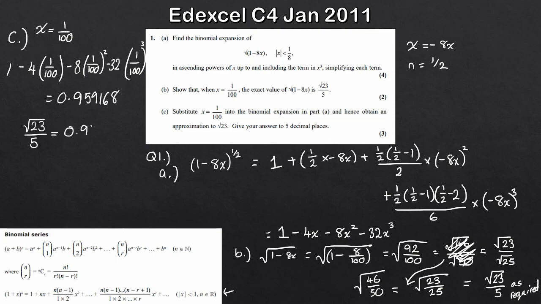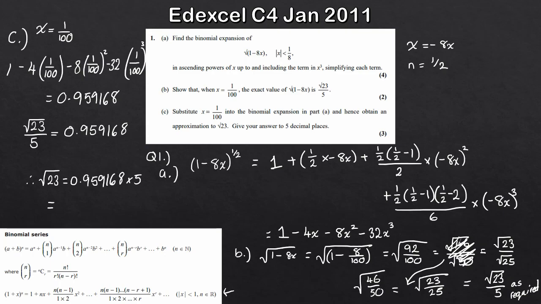So that's 0.959168. So in that case, to get the square root of 23, all we do is times both sides by 5. So square root of 23 is equal to 0.959168 times 5. And let's do that. I normally do the calculations beforehand, but I didn't do this one.